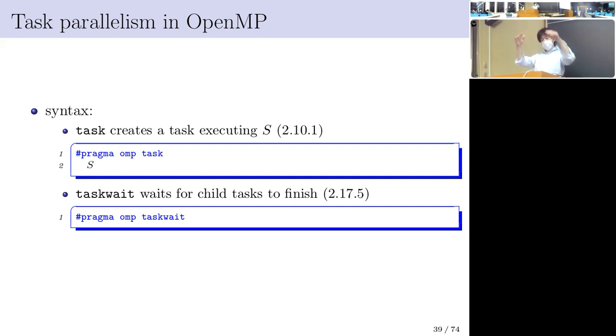In the beginning you execute a parallel pragma, and inside the statement executed inside the parallel pragma, you say #pragma omp task followed by an arbitrary C statement S. It creates a task executing this statement.